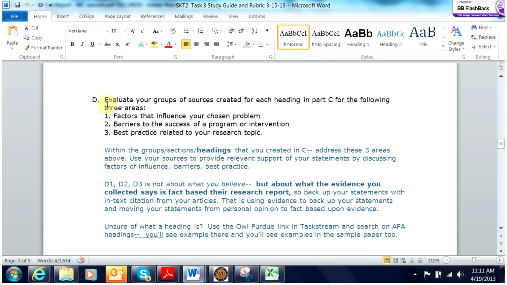So speaking of scrubbing, that's why D is called out. D1, 2, and 3 force you to scrub your evidence for the factors that they say influence the problem, the barriers to the problem or an intervention, and the best practices that they're calling out. This is what our evidence is telling us. So we use citation to back that up, and we're really forced to dig into it.